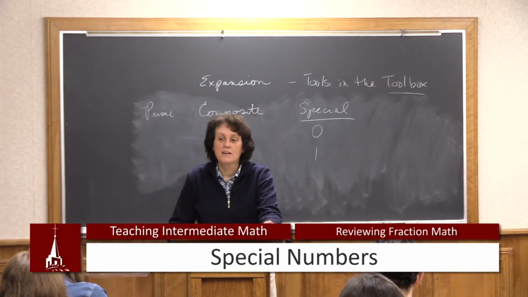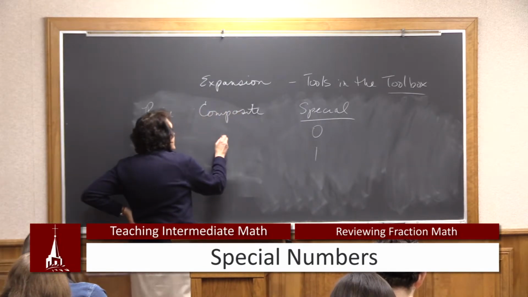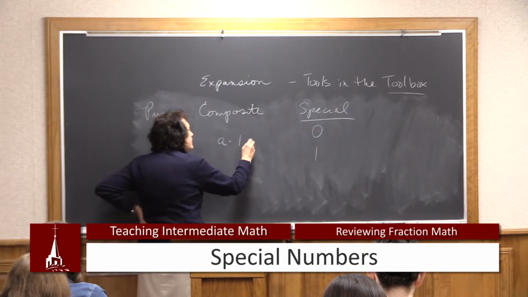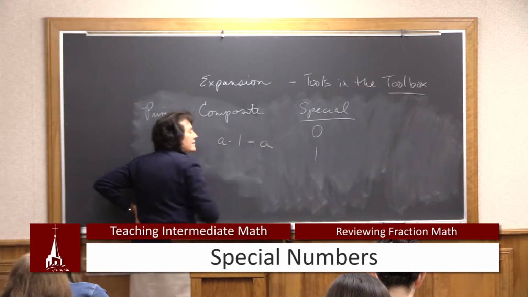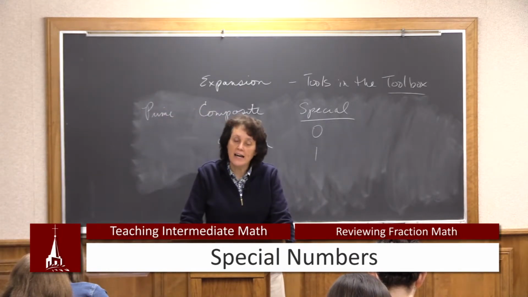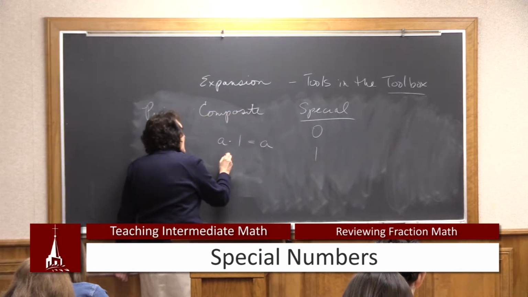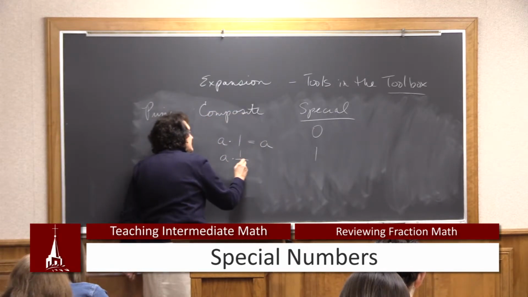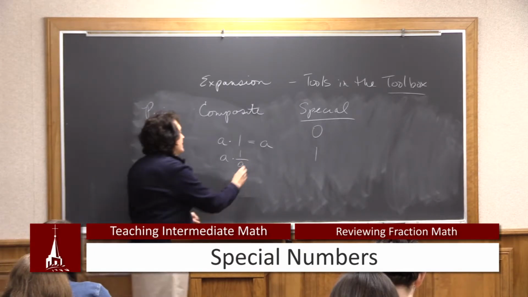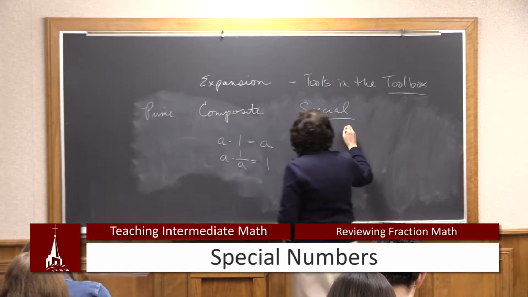The multiplicative identity. And multiplicative identity states that any number times 1 retains its identity. So 1 is the multiplicative identity number. And that is also related to inverse. Any number times its, what do we call this? Reciprocal equals 1.